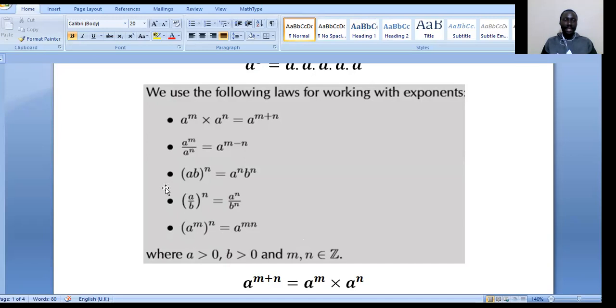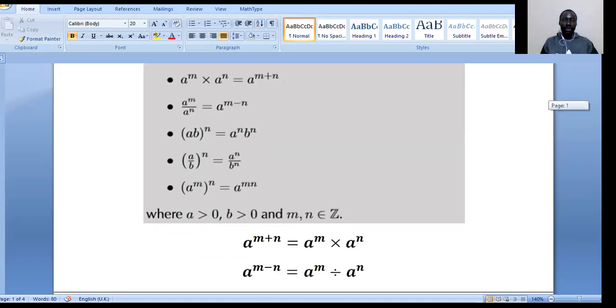Now, in the cases listed here, A must be greater than 0. The numbers you're multiplying must be greater than 0. B, also the number participating in the multiplication or division, must be greater than 0. The exponents M and N are integers.